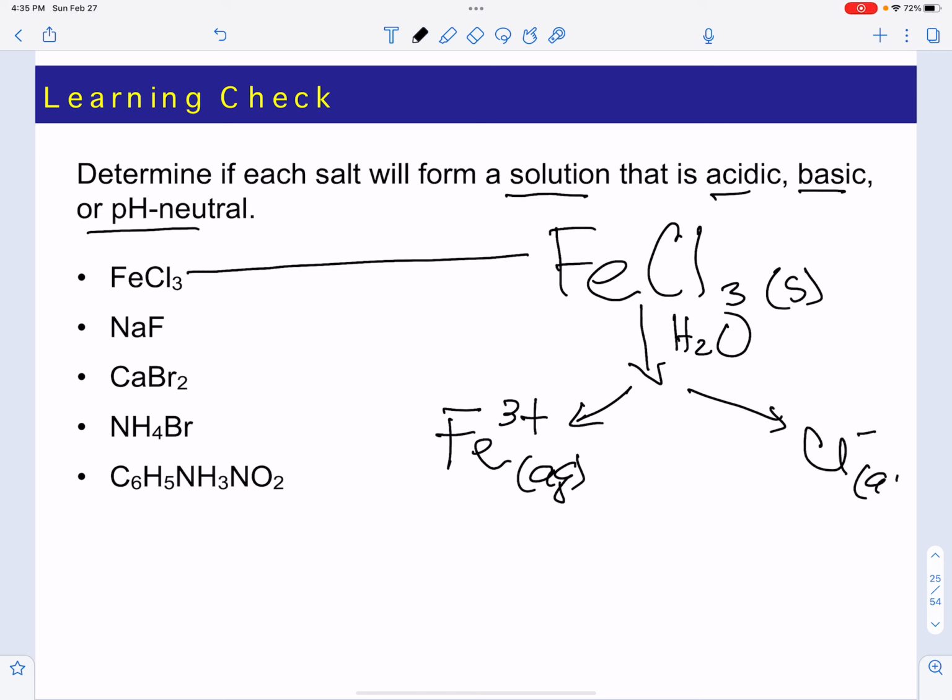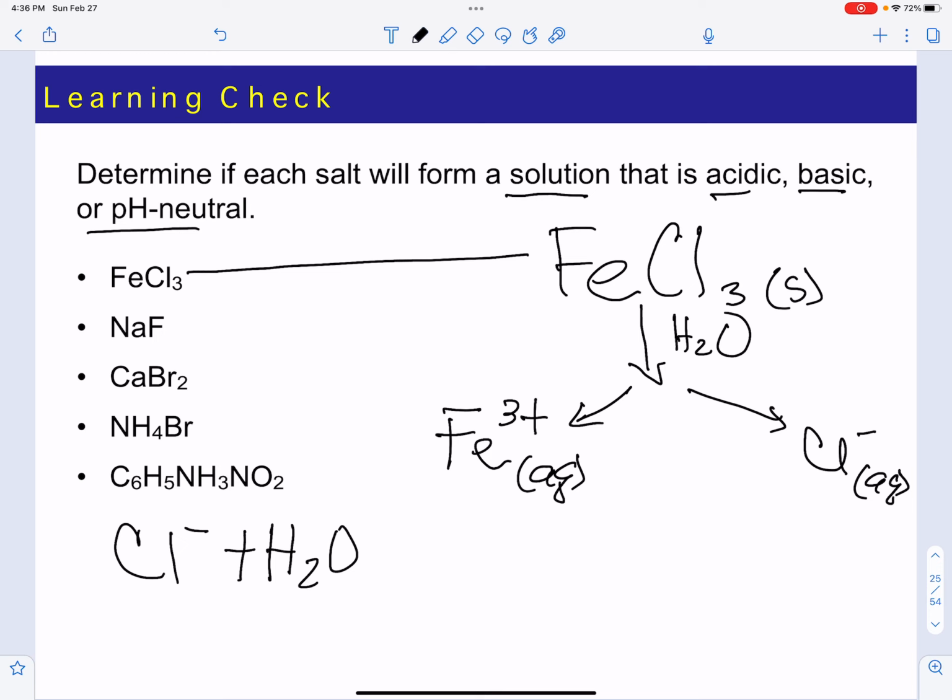We know it's 3 of them, but all we care is that we're getting chloride. And then this is what we do. The moment the chloride went into the water, notice that the chloride is negative, right? So negative will be looking for positive, secret of life, positive loves negative. So this negative is looking for a proton. So it's going to act like a base.